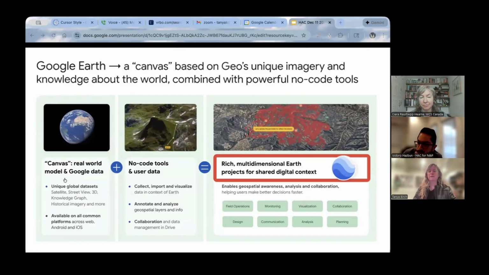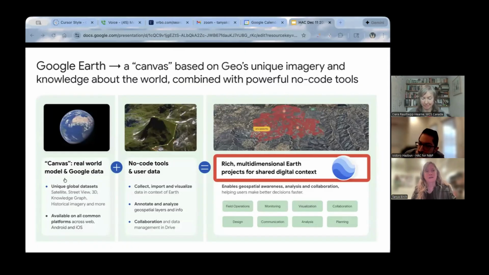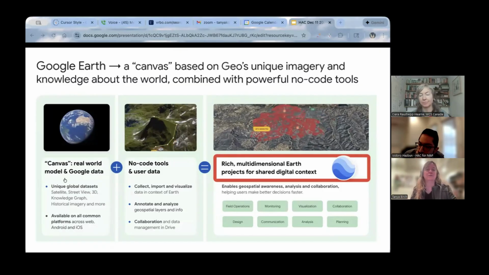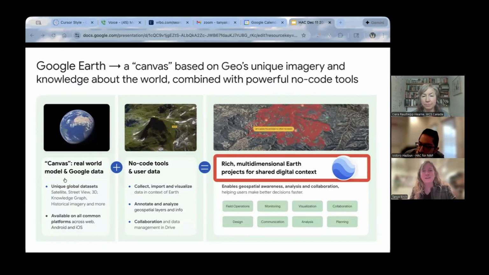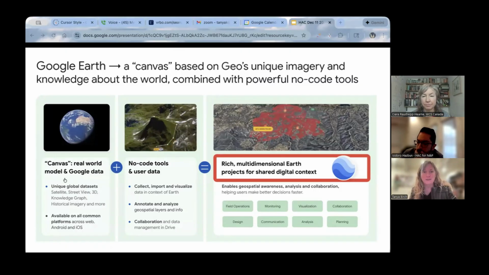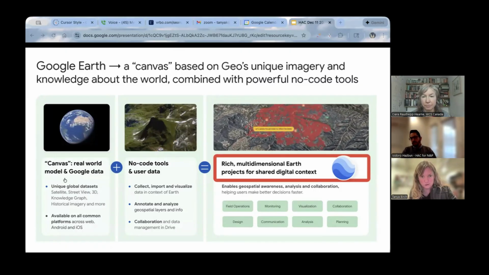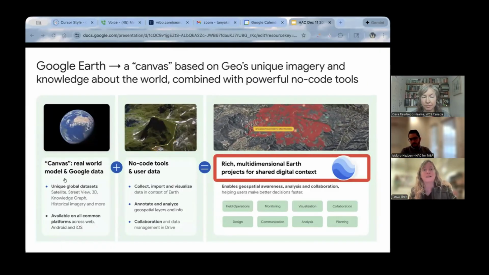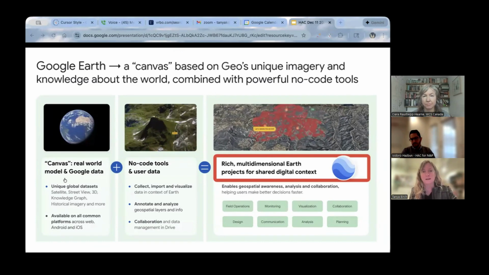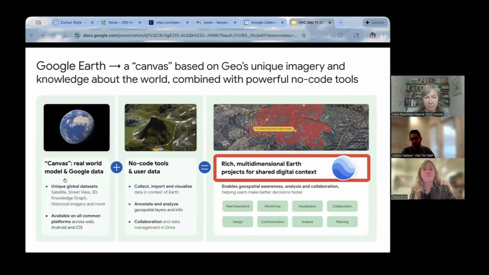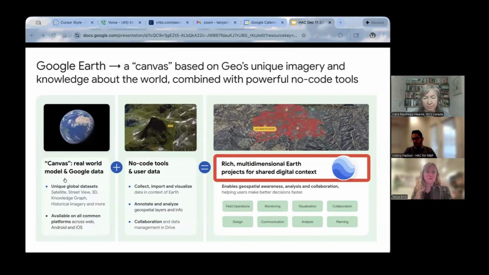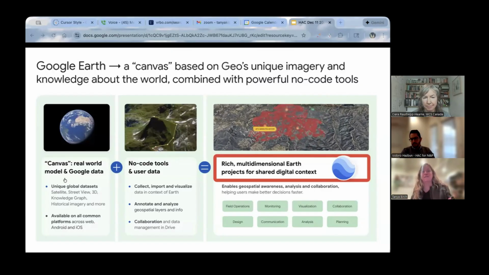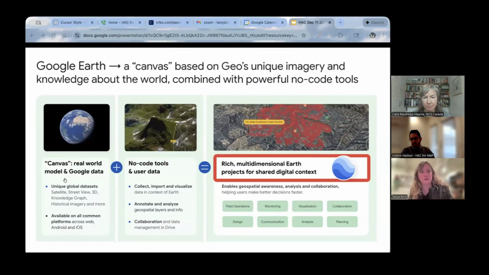So most of what I've been talking about so far is about pushing the frontier of geospatial AI and then making that accessible to scientists and researchers. But not all of us need or can use these geospatial analysis tools. So today, Google Earth provides this incredibly comprehensive and up-to-date understanding of the real world, combining aerial photography, satellite imagery, 3D topography, geographic data, and Street View into this canvas that you can explore our ever-changing planet.